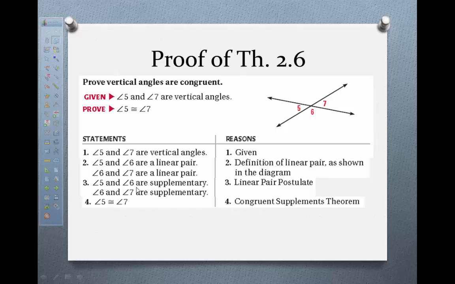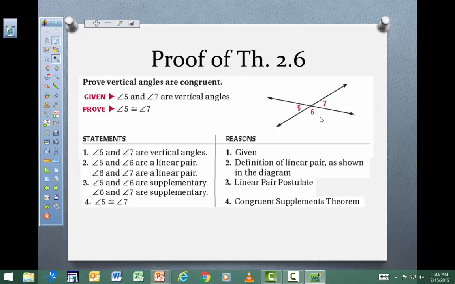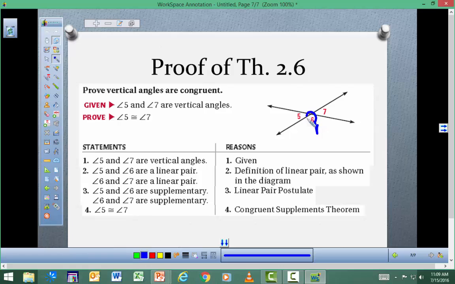It said if two angles are supplementary to the same angle, remember the same angle in this case is that one right here. 5 is supplementary to it and 7 is supplementary to it, so that means they're both congruent.